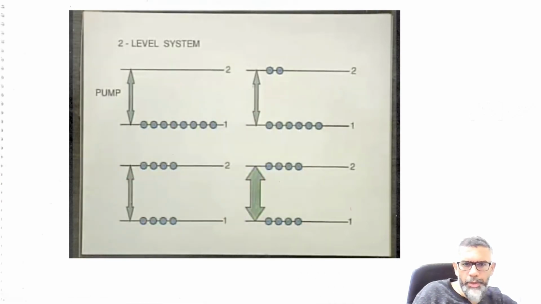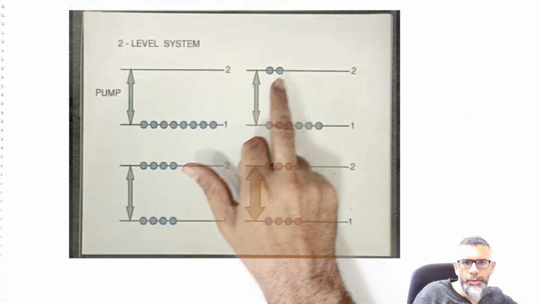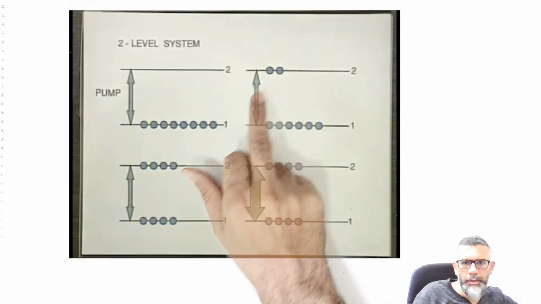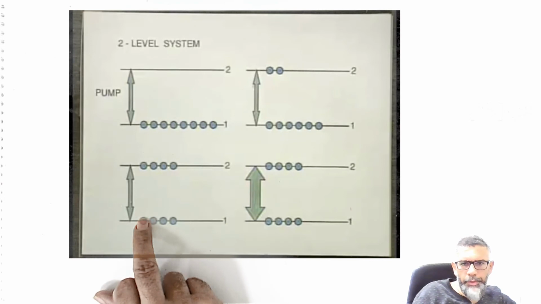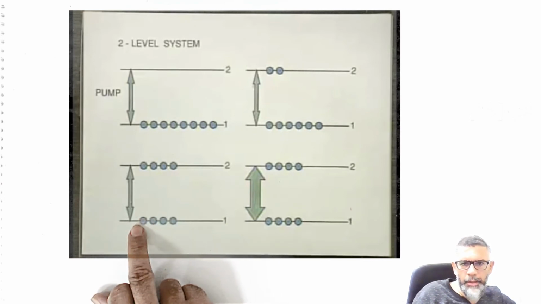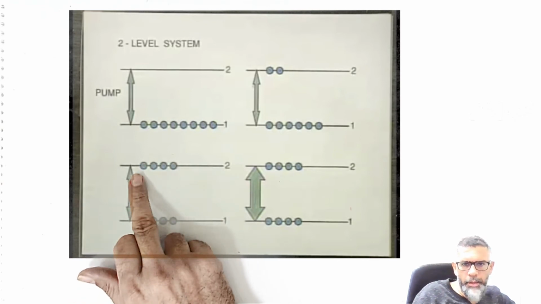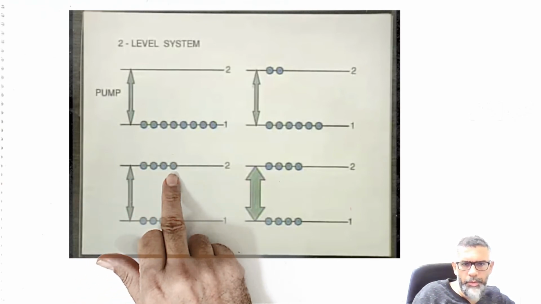So if you continue pumping the electrons from the ground state to the excited level, you will reach a state in which there are equal numbers of ground state electrons and excited level electrons.